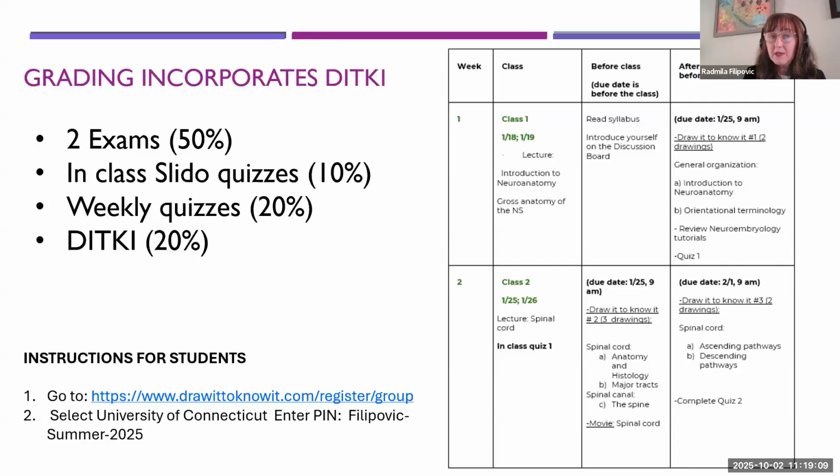So I create my own study plan, and they follow the instructions in my study plan for that class. On the right side, you can see some of the assignments which I give before the class. As I mentioned, this is for the undergraduate class for the spring semester. I assigned them some drawings before class and after class.